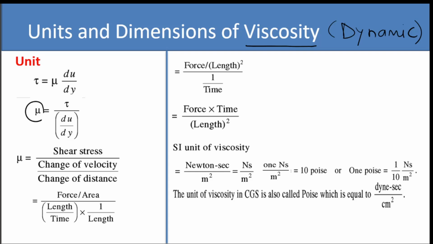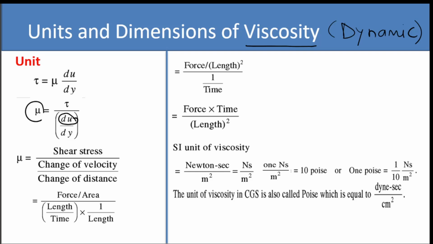Mu is equal to tau divided by du by dy, where tau is shear stress. The shear stress is nothing but force upon area. Du is the change of velocity and dy is the change of distance.